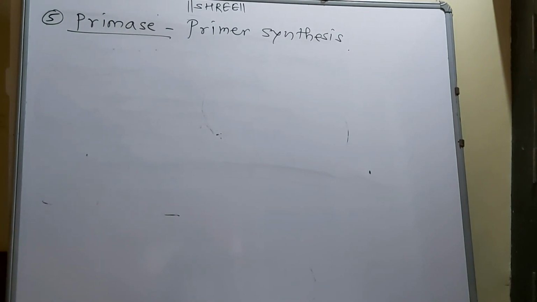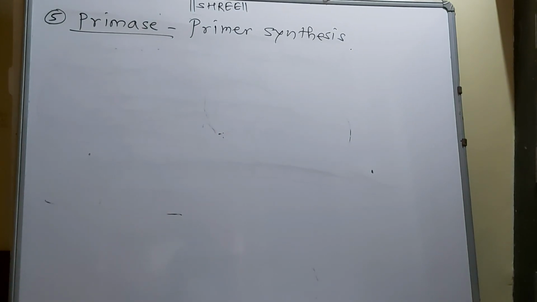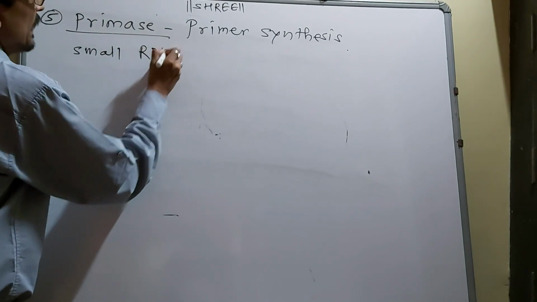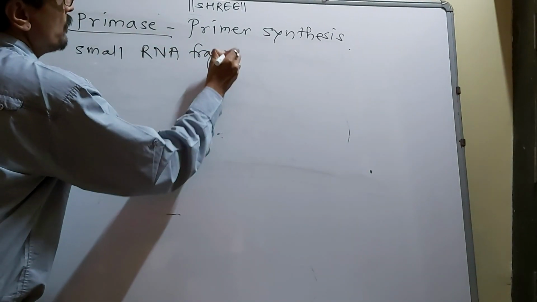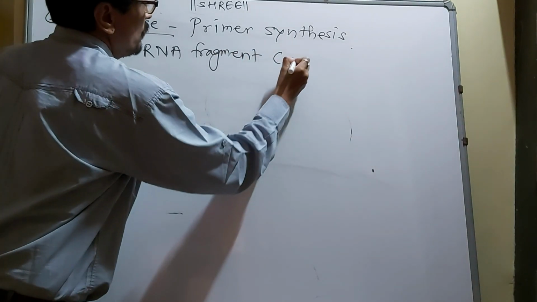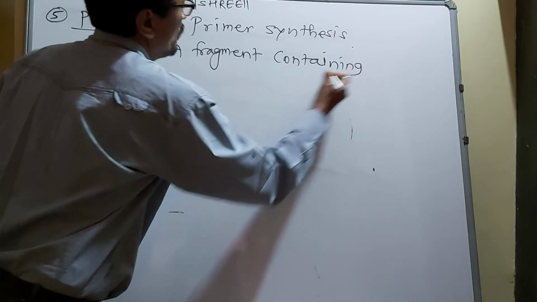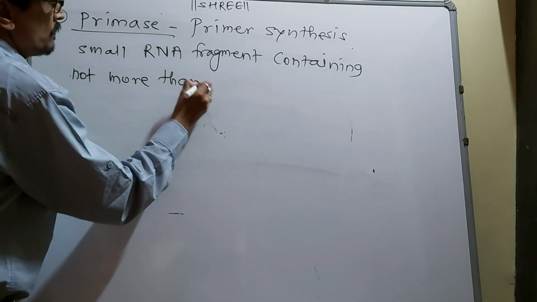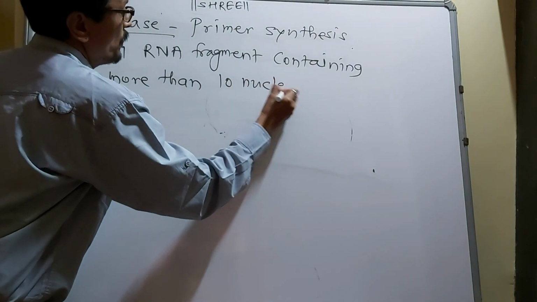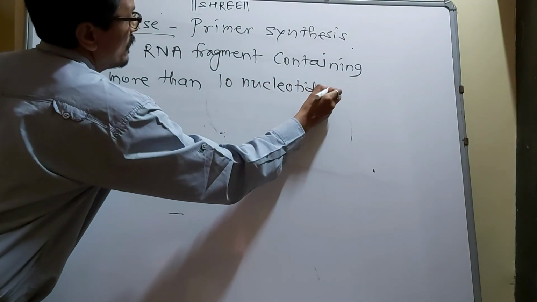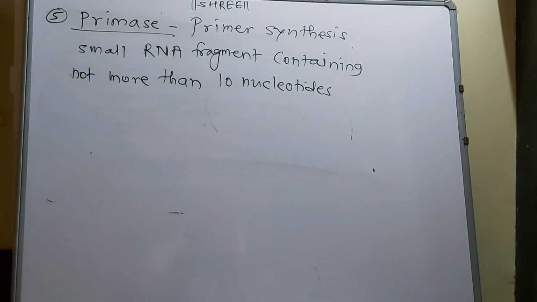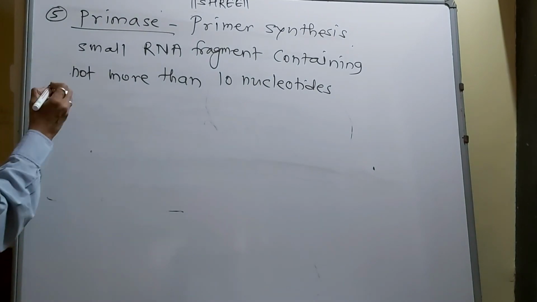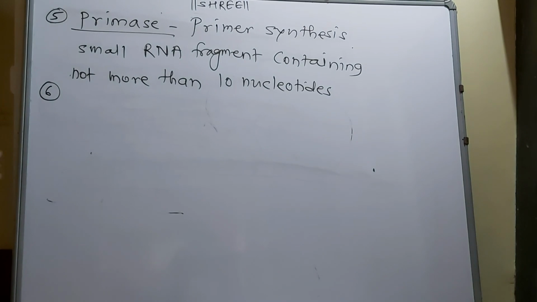A primer is nothing but a small RNA fragment containing not more than 10 nucleotides. That means an RNA primer always contains less than 10 what? Nucleotides.